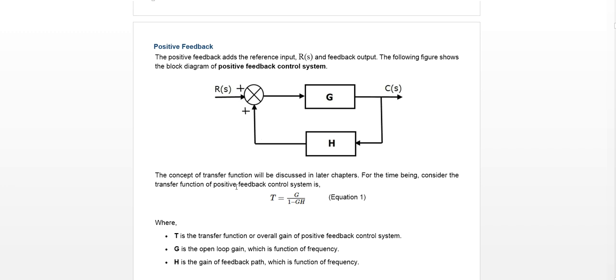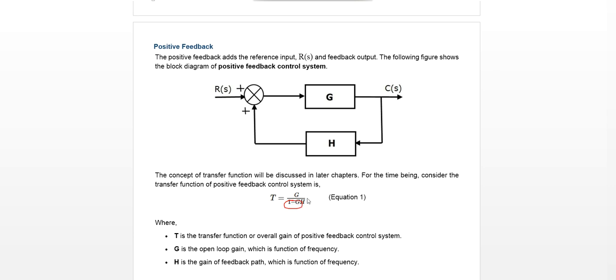If we get the transfer function of this positive feedback, T here, which is the transfer function, don't worry, the transfer function will be discussed later in the upcoming topic. Just take note of this. For a positive feedback, the transfer function is given as G, which is the value of your control system, divided by 1 minus the product of G and H. For a positive feedback, the sign in between is negative.